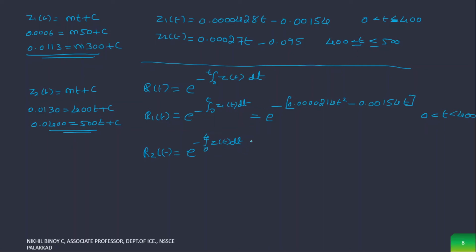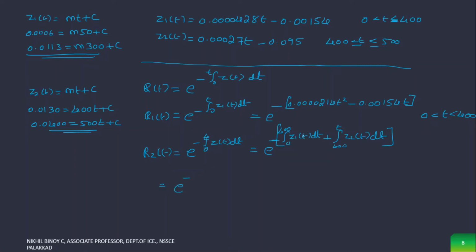This is equal to e raised to minus, in square brackets, integral 0 to 400 of Z1 of t dt, plus integral 400 to t of Z2 of t dt.